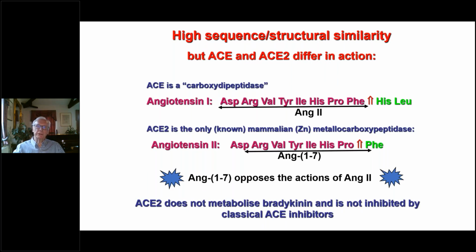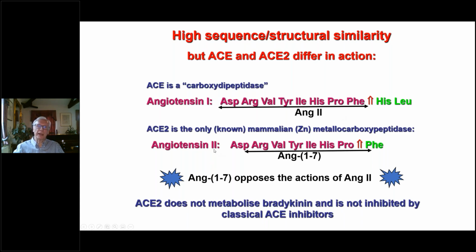It was when we turned to look at the specificity of ACE2 that we saw striking differences from ACE itself. ACE is what we term a carboxydipeptidase and is able to cleave a dipeptide from the C-terminus of a susceptible peptide substrate like angiotensin-1.